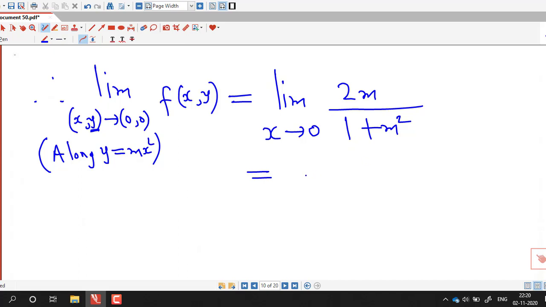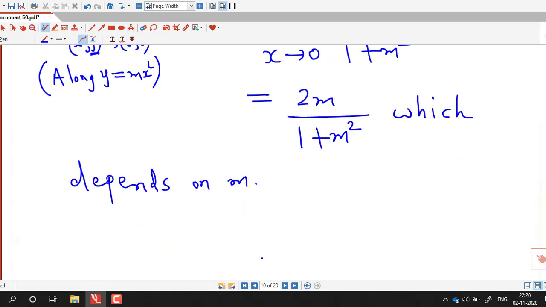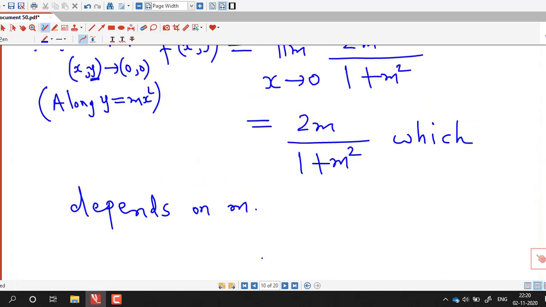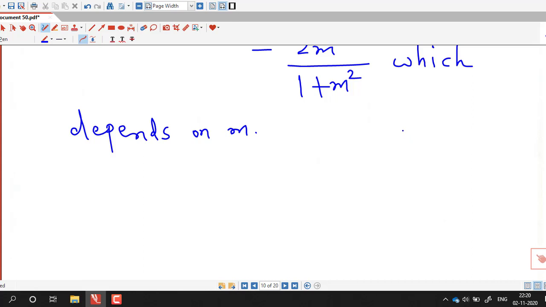Now here 2m upon 1 plus m square is independent of x, that is constant, and limit of constant is constant. So from this you can see the limit depends on value of m. That means if we take different values of m, then we will have different limits. That means the limit is different along different parabolas passing through origin.